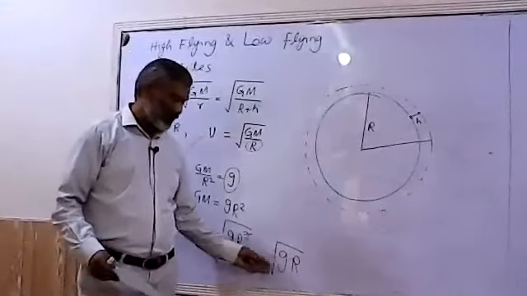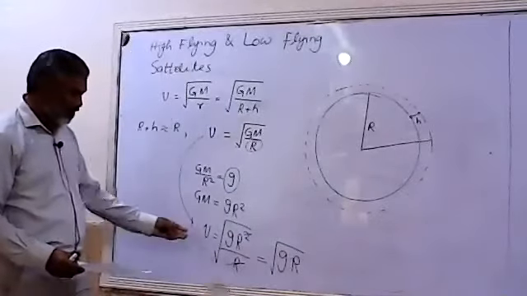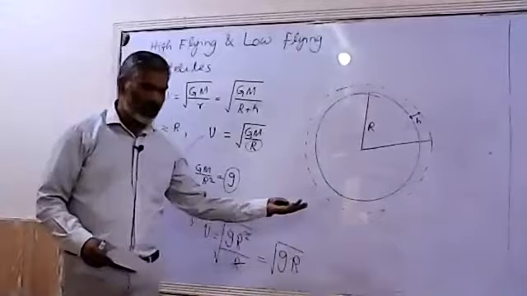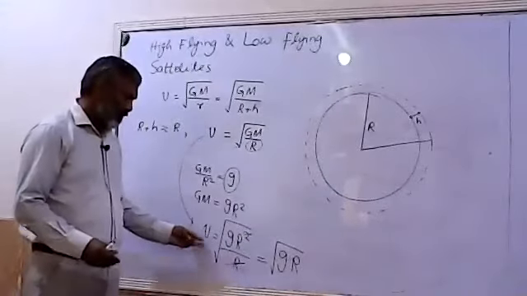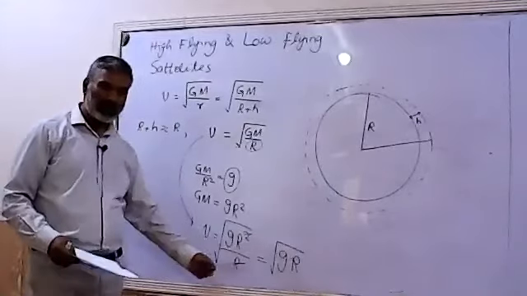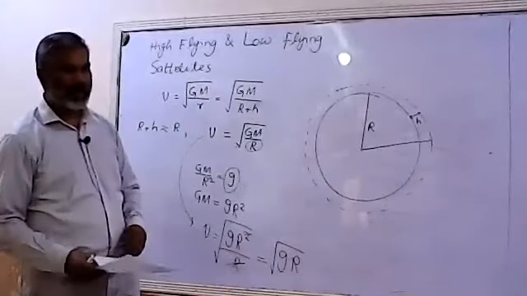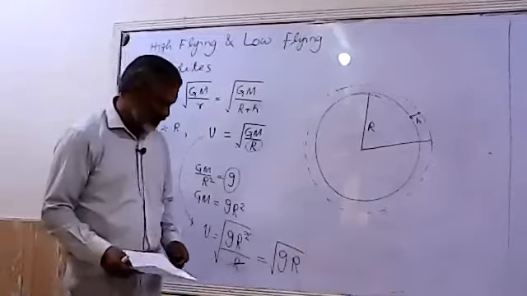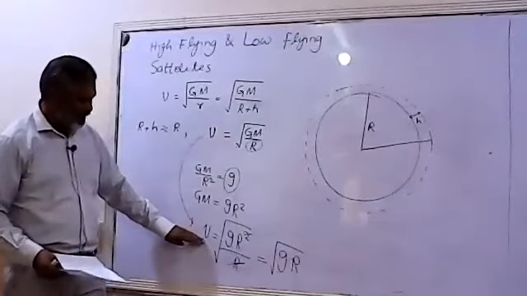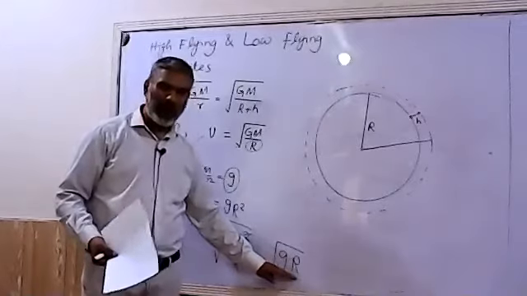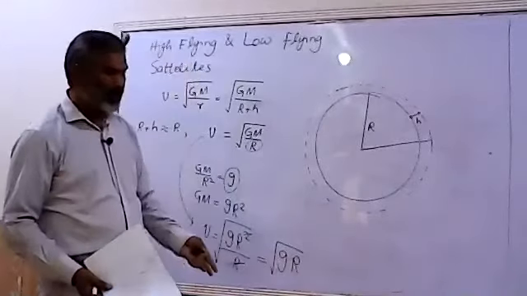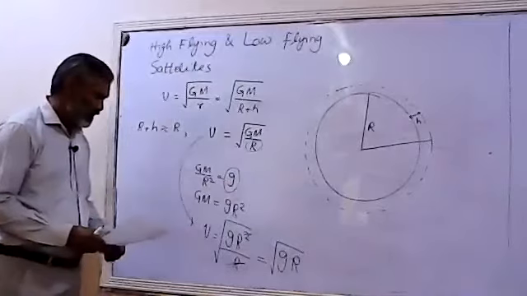So here again, the similarities, even though this is not considered a vertical circle and it is not horizontal, it is just a circular motion without any horizontal or vertical considerations. This v is equal to the square root of g times the radius of that planet, which is the planet under consideration, which in this case is the Earth.